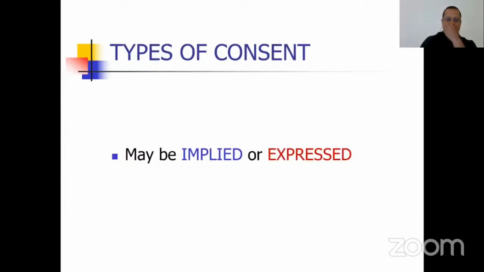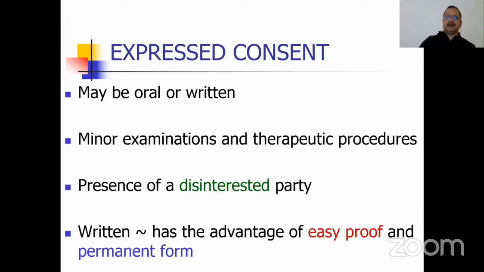We all know that there are mainly two types of consent, implied or express. In the realm of anesthetic practice, we are not talking about implied consent at all. It has to be express, and express consent can be oral or written.